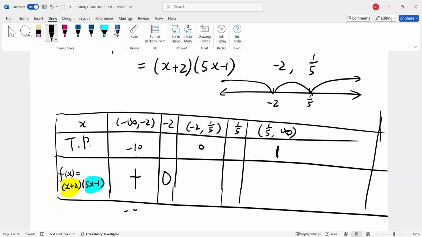At 0, yellow is positive, blue is negative, so negative. When x equals 1/5, 0. When the testing point is 1, yellow positive, blue positive, so positive. So that is the sign for the function in the intervals, and the zeros.